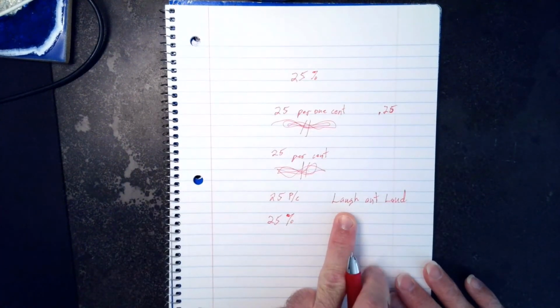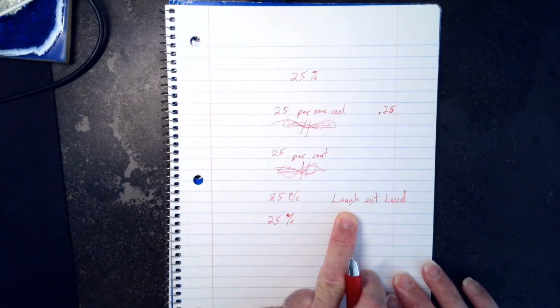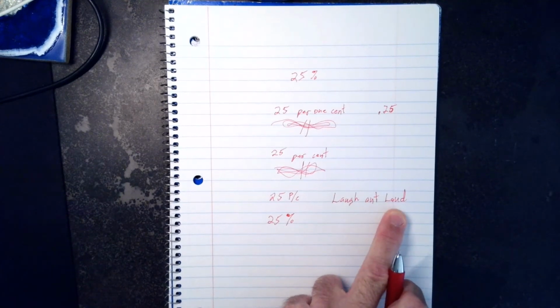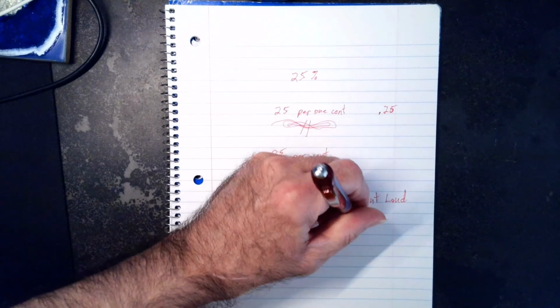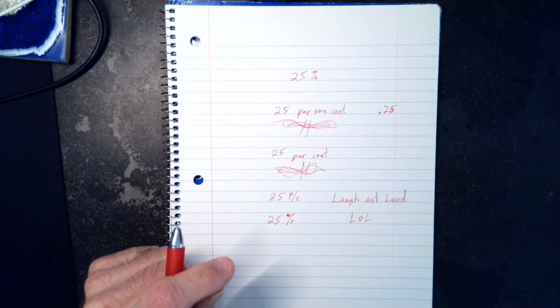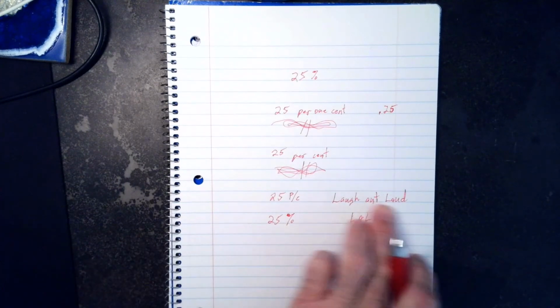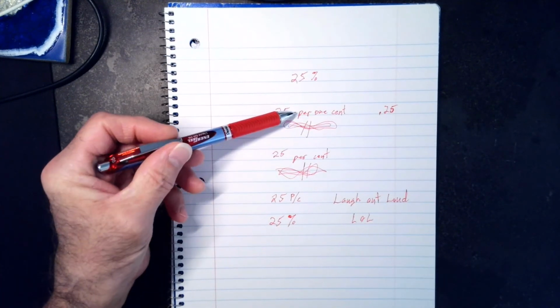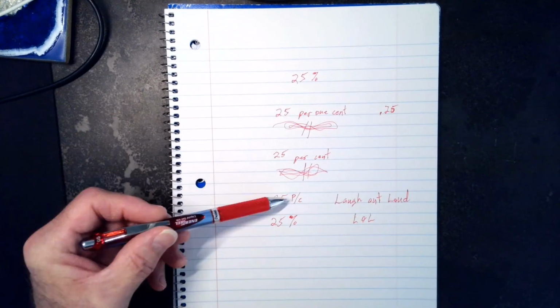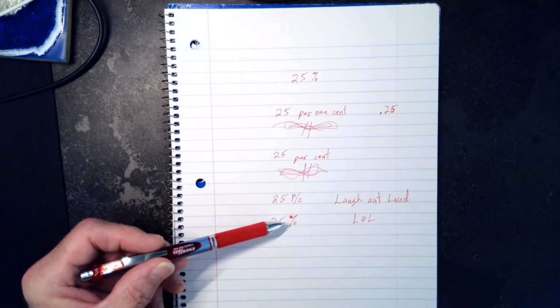Laugh out loud. Oh my goodness, how many people will actually write that out? When you're texting with your friends, how many people write out the words laugh out loud? Nobody? What do y'all do? LOL. I do it too. Why? Because it's time consuming to type out the entire word, just like it's time consuming to write the whole thing out. So they shortened it, and then they shortened it even further, and now it's just this.